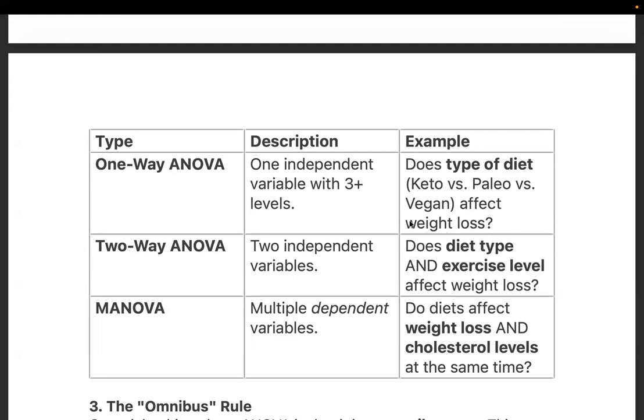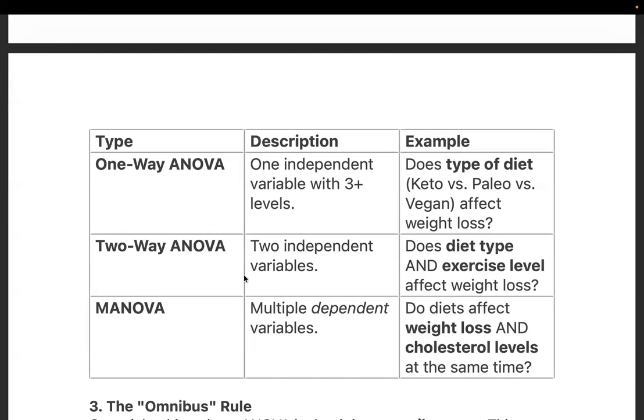This is the dependent variable. You're trying to see the effect of type of diet on weight loss, so you have only one independent variable. In this case, you use one-way ANOVA.